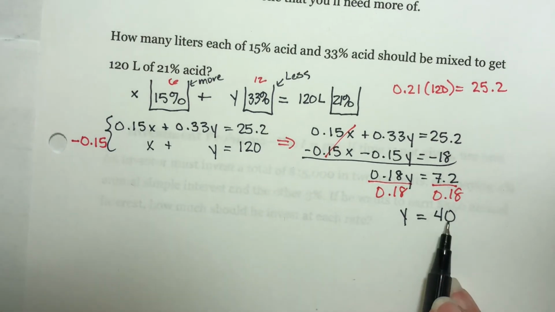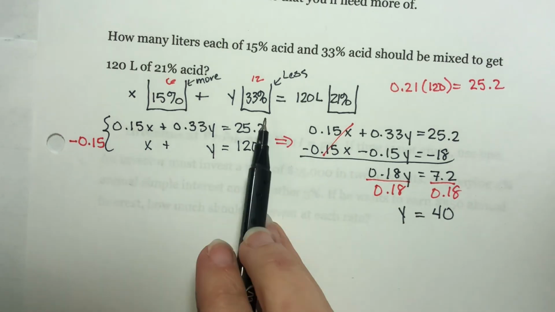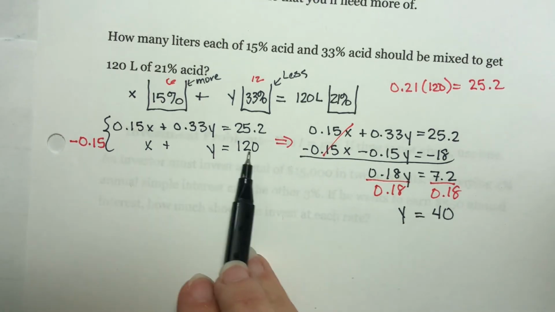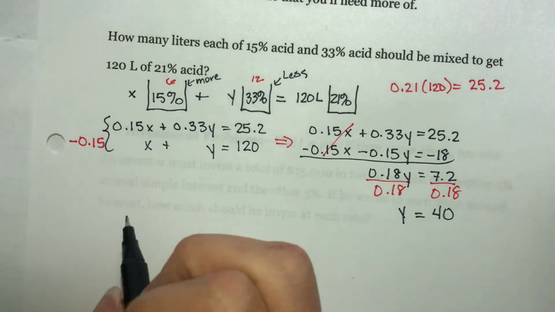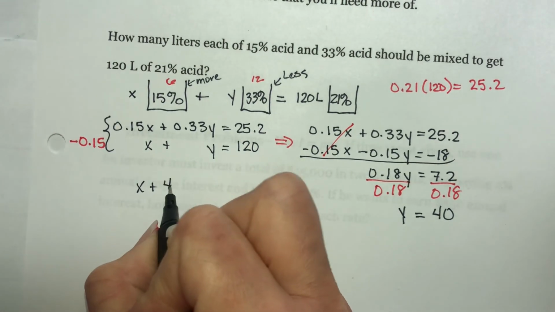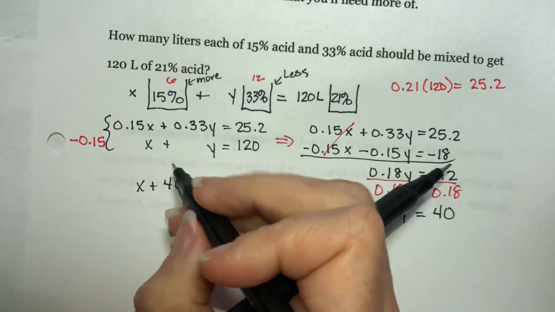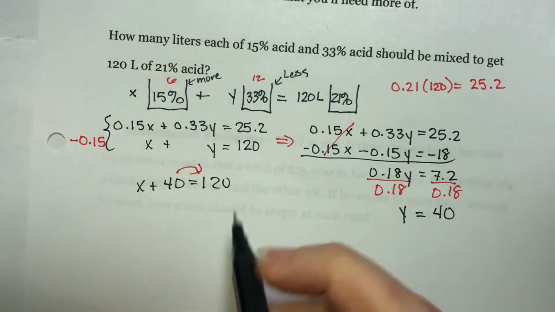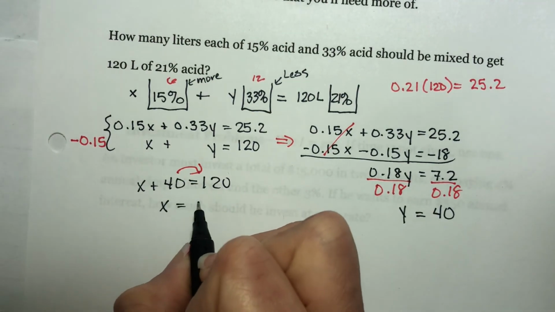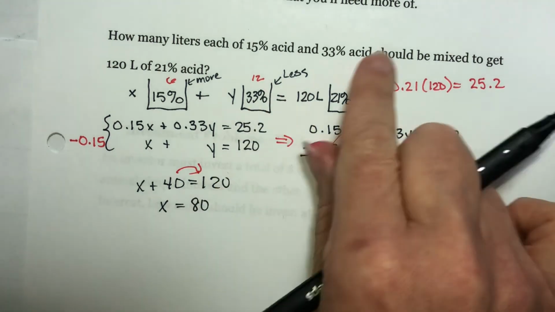Okay, now I found one. I'm asked to find the amount of both of these. So I'm going to take this and plug it in either here or here. And I'm plugging in here because it's much easier. That gives me x plus my y, 40, is equal to 120. Subtract 40 from both sides, and we get x is equal to 80. So we have found out, we're asked to find how much of each.